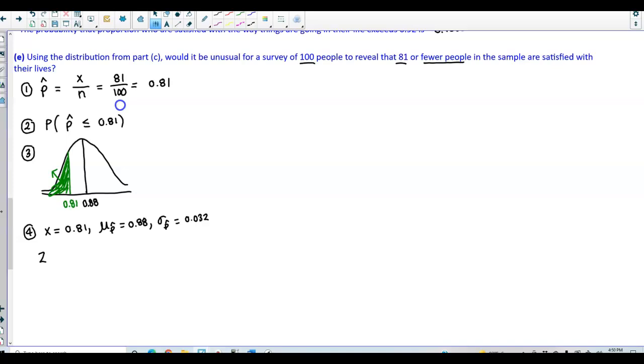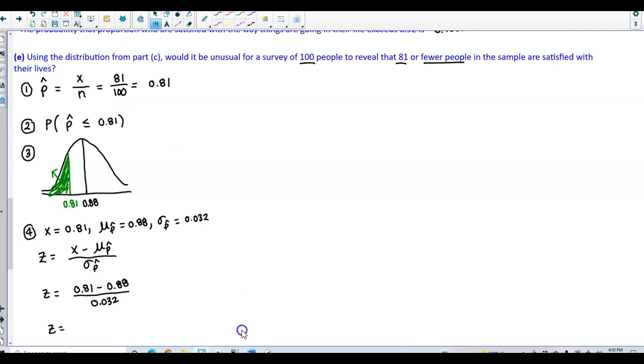So let's find our z-score. So x minus the mean of the population proportion divided by the standard deviation of the population proportion. So we're going to take 0.81, subtract 0.88, and then divide it by the standard deviation of 0.032.